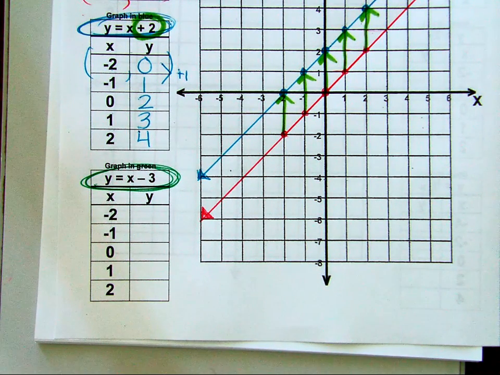Okay, so I want you to take your pencil, not a pen, not a marker. Just take your pencil and put in a couple really light dots where you think that green line is going to land. And then once you have your educated guess or your hypothesis, we're going to fill that table of values out and we're going to see if you're right.